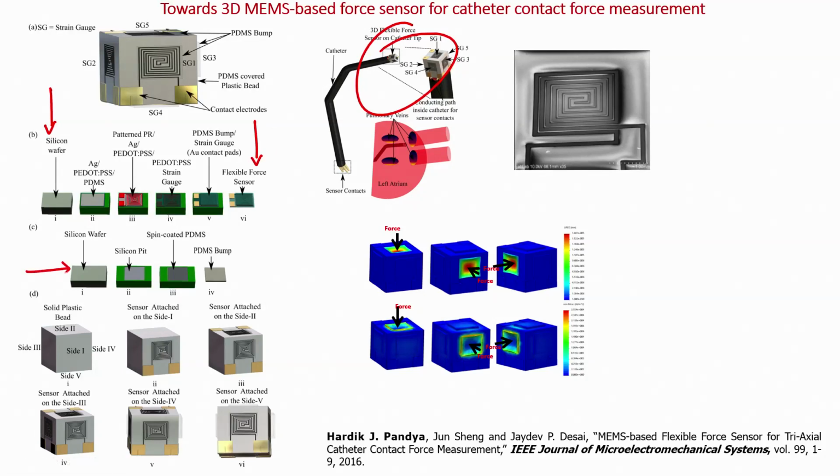Second is from silicon wafer to PDMS bump, and then we are taking a plastic bead here and attaching a sensor on each side of the plastic bead.